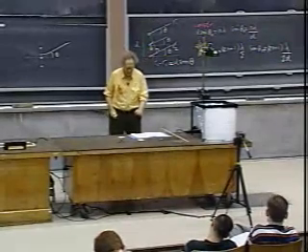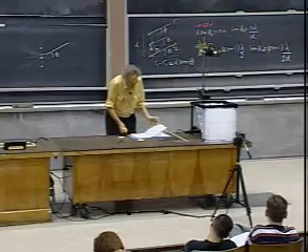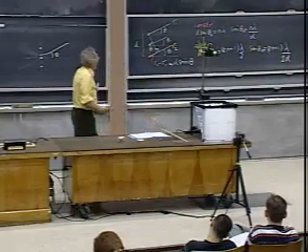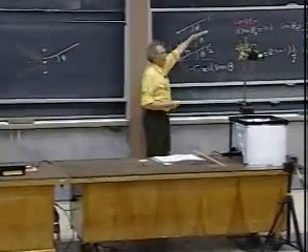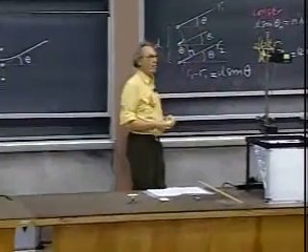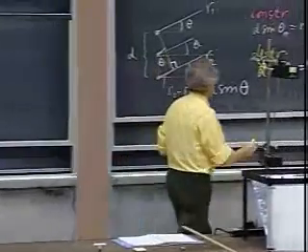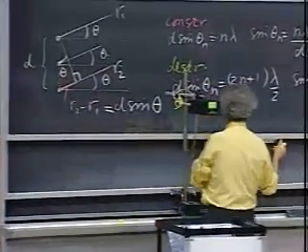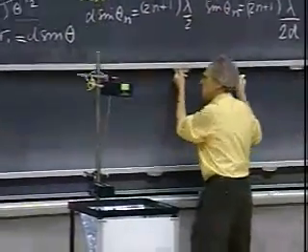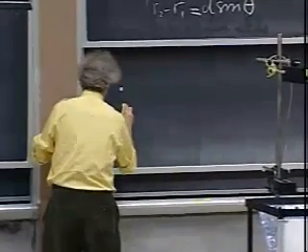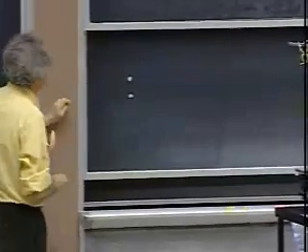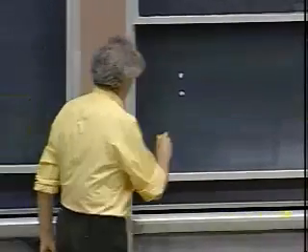the two sources. But now I would like to know what the linear distance is if I project this onto a screen which is very far away. And so let us have a screen at a distance capital L, which has to be very far away. So here are now the two sources. It's a different scale.